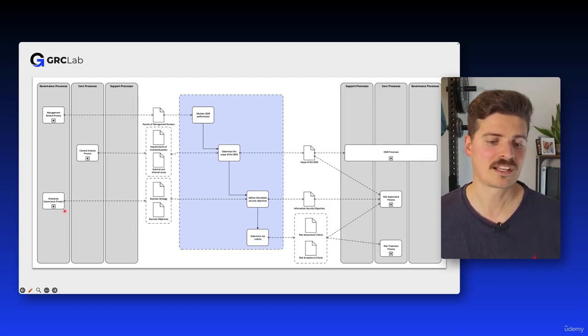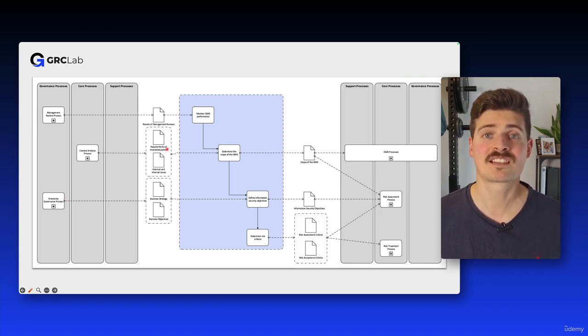Now let's look on the left-hand side. What's very important for information security governance is the existence of a business vision and a business strategy. So therefore we have a connection with the enterprise governance process, which provides us with the business strategy and the business objectives. One task of the governance function, highlighted in the blue section here in the middle, is to define information security objectives. You will learn about them when we talk about the policy and clause 6.2, that's about information security objectives.